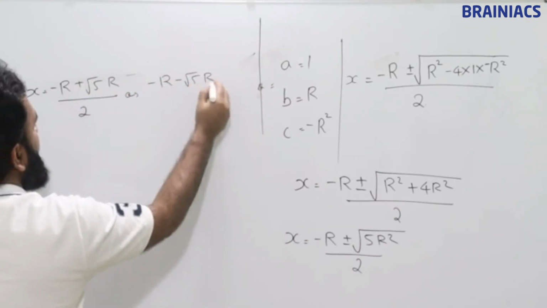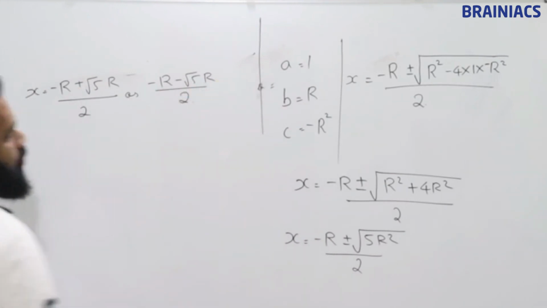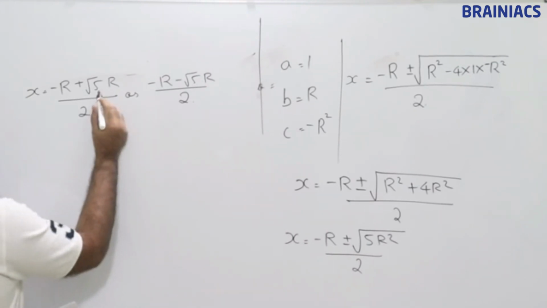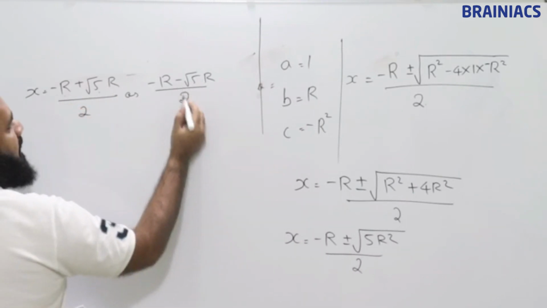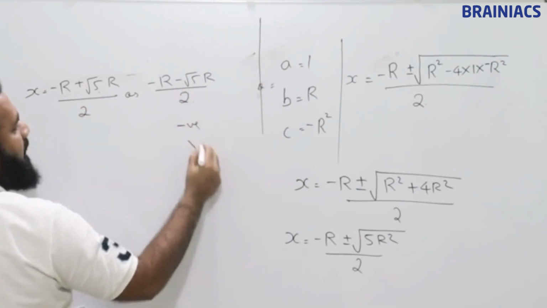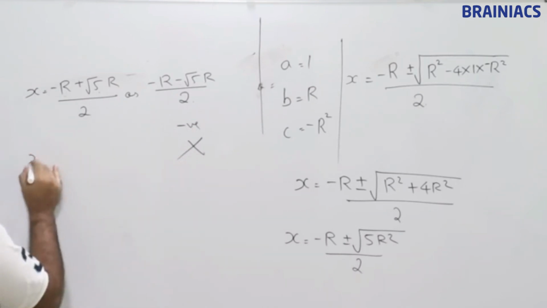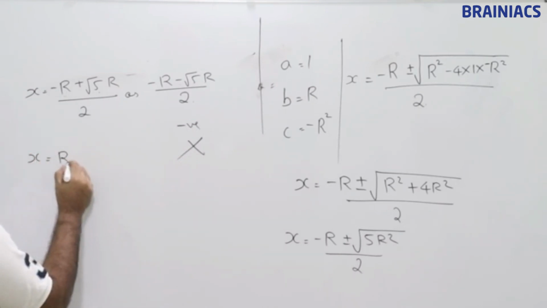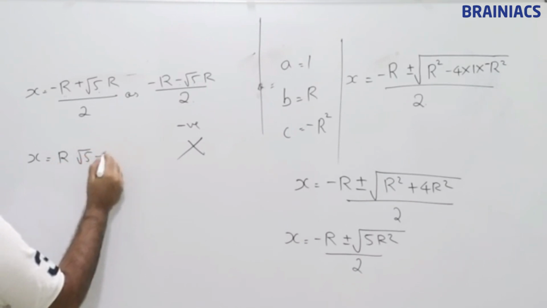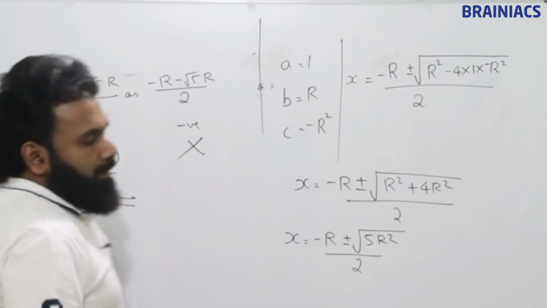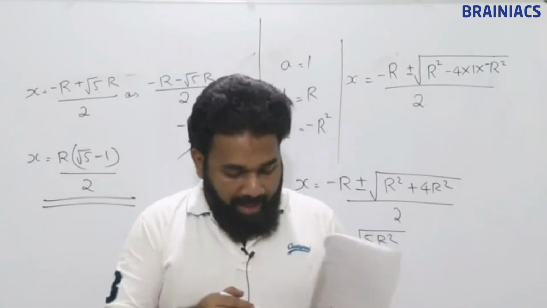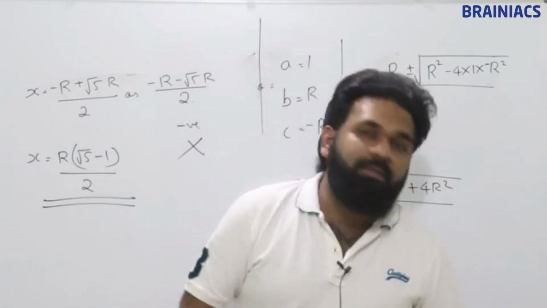In this, which one can we take? Here root 5R is greater than R, so with plus the answer is positive. If we consider the minus one, the answer will be negative, and we cannot take that for resistance. So this one we can consider. If we take R outside, it is root 5 minus 1 divided by 2. So this is the equivalent resistance between A and B.